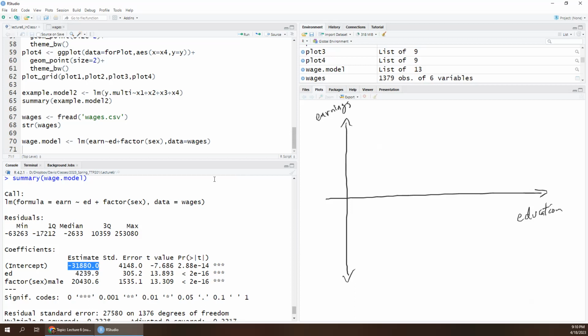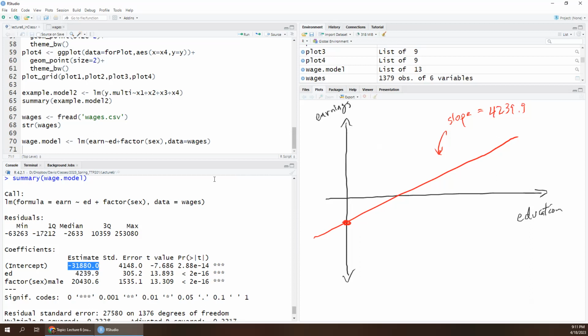And the fit is essentially going to look something like this, where the slope is equal to 4,239.9. Now I want you to think carefully about what this point is. I'll give you a second. You can pause the video if you want to think about exactly what this means.